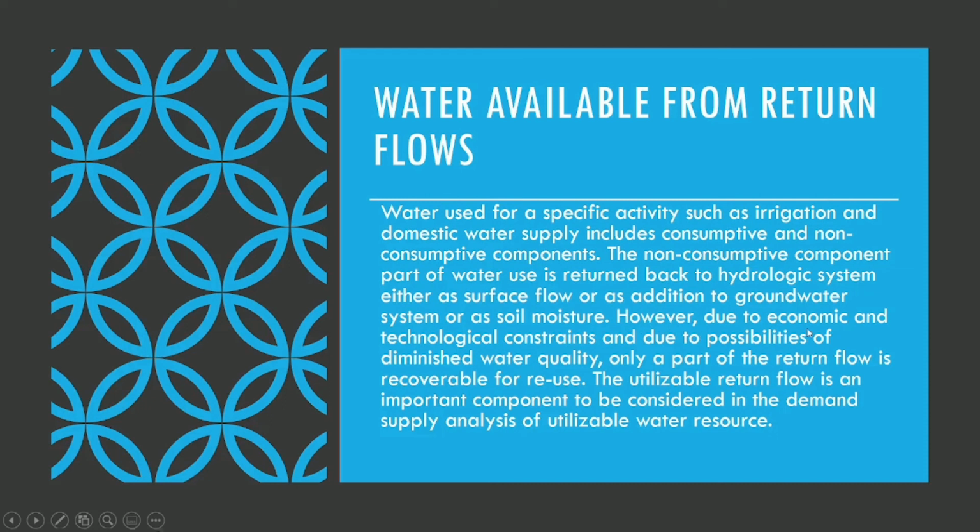However, due to economic and technological constraints and due to possibilities of diminished water quality, only a part of the return flow is recoverable for reuse. The utilizable return flow is an important component to be considered in the demand-supply analysis.